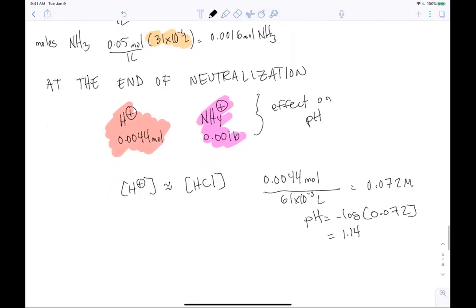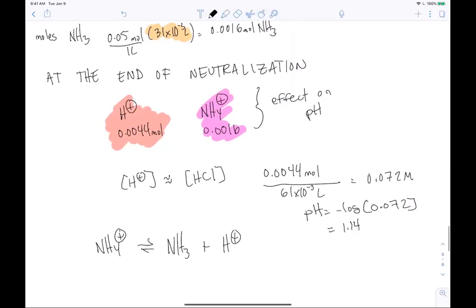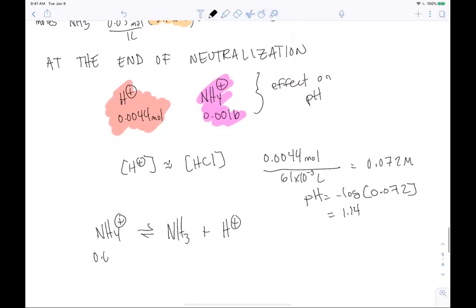So, you know, there's this other thing that's in solution that does contribute to the pH. Let's see. When I calculate the NH4 plus concentration, that's going to be equal to 0.0016 divided by 61 times 10 to the minus 3.